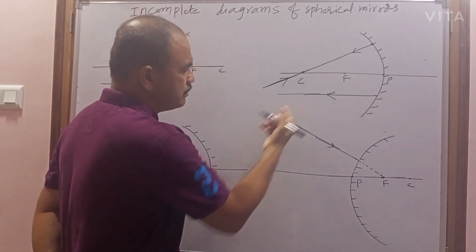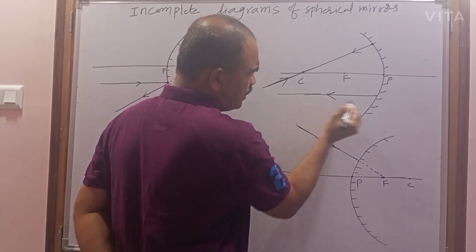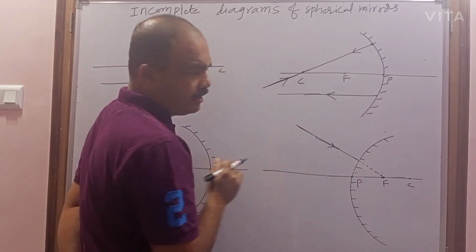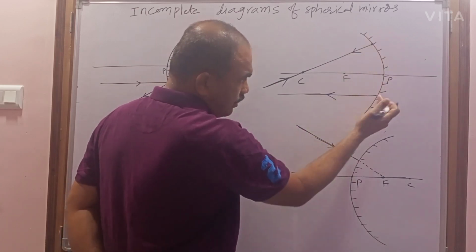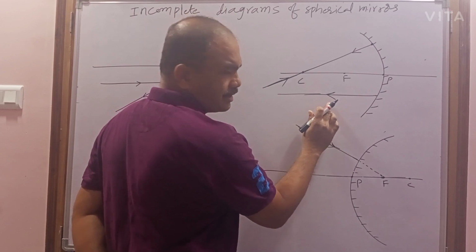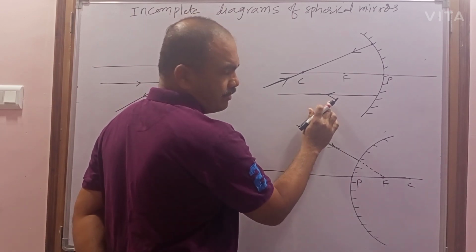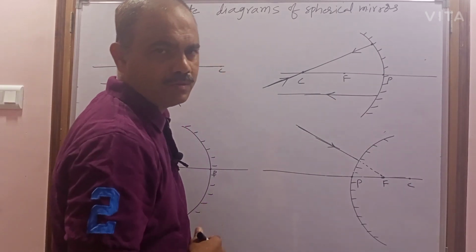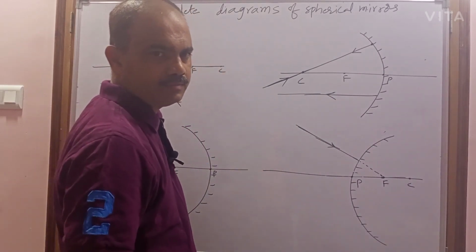Next, coming to this one. What is it? It is the reflected ray. Why am I saying this is a reflected ray? Because this arrow mark is away from the mirror. Now how do I construct the incident ray for this reflected ray? By recalling the rules.